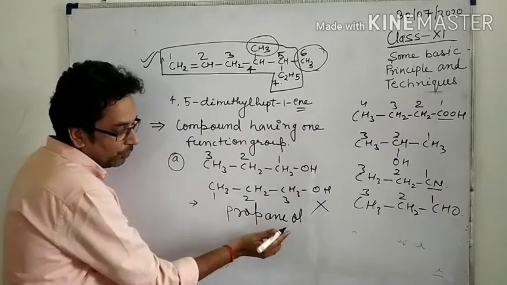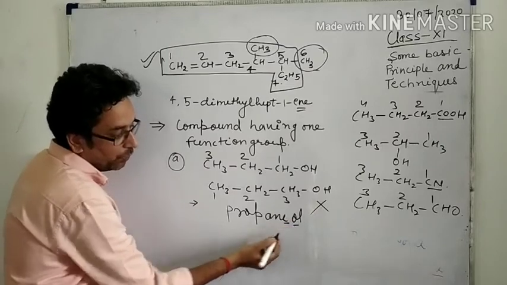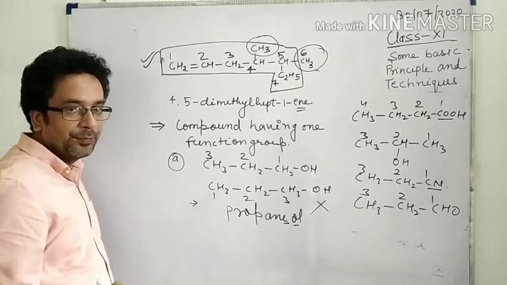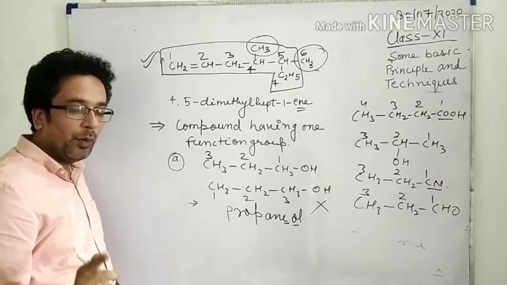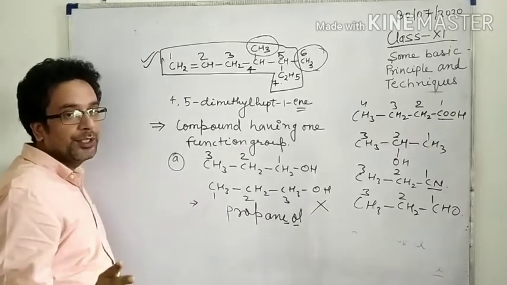Now listen and look carefully. Look here, this is the E and this is the O. Two vowels never come together in the naming of organic compounds. Note down in your copy, two vowels never come together.